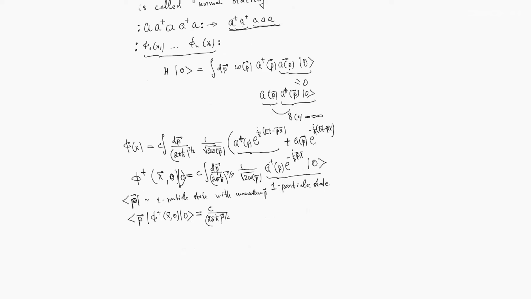Let me see how I will write it. So I will write first dp over the square root of 2 omega of p, and then I will have a state p, a dagger of p.